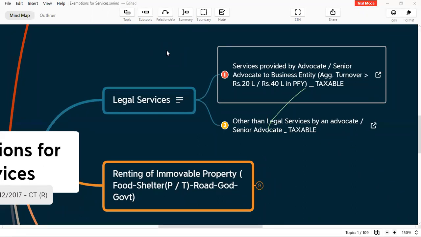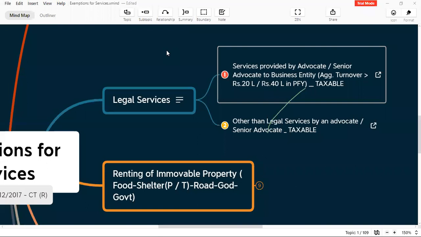This 30 lakhs consists of goods 15 lakhs, services 15 lakhs. Am I liable to pay GST? Is this taxable? So I repeat the question.